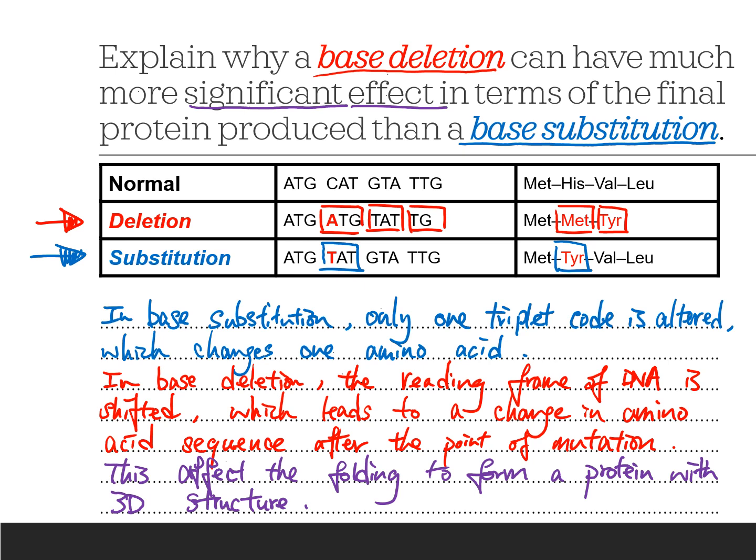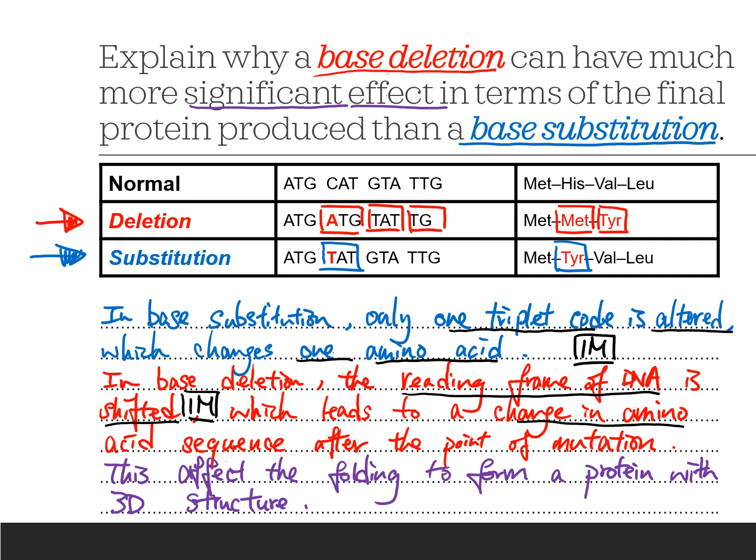So overall in here, you have 4 marks. For the first mark, you tell me in base substitution, only one triplet code is altered, changing one amino acid, is 1 mark. And in base deletion, the reading frame of the DNA is shifted, 2nd mark, and leads to a change in amino acid sequence after the point of mutation, the third mark.